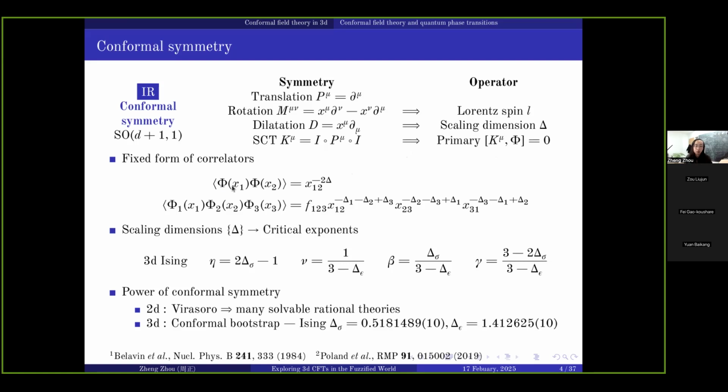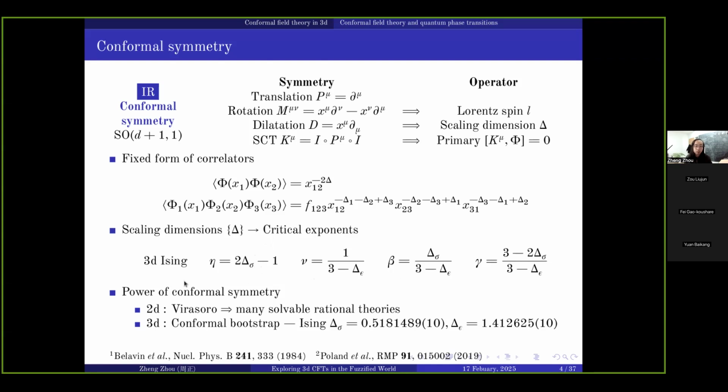The 2-point and 3-point functions of these primaries are fixed to be some kind of power law, and the power is determined by the scaling dimensions of the operators. In the context of phase transitions, the scaling dimensions also give us the critical exponents. For example, in the 3D Ising model, most of the critical exponents are given by the scaling dimensions of the two lowest operators, the Z2 even epsilon and the Z2 odd sigma.